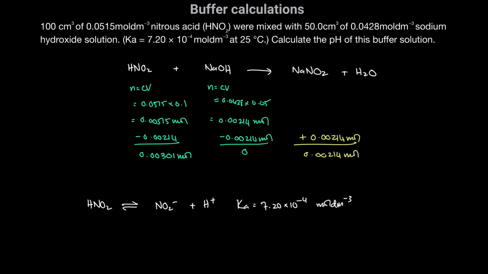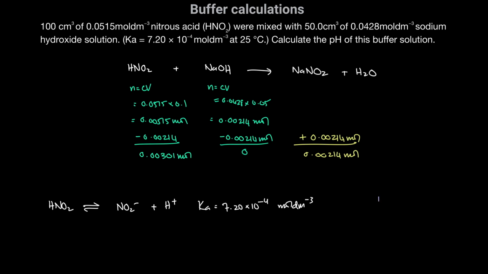And we also know that for this buffer solution, since we formed NaNO2 here, that will ionize completely in solution. These are just free aqueous ions, because this is a completely soluble salt. So this ionizes completely in solution to form Na plus and NO2 minus.